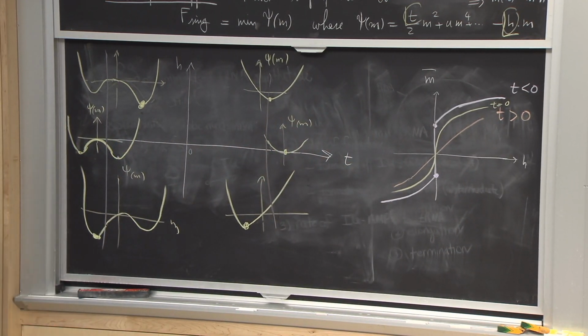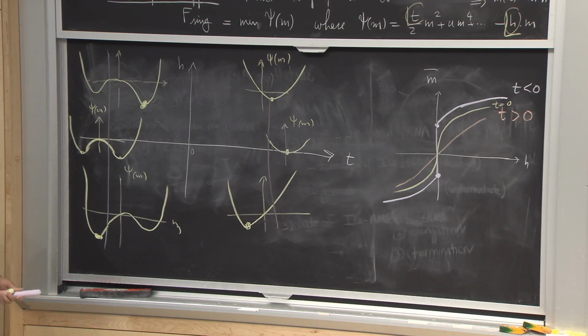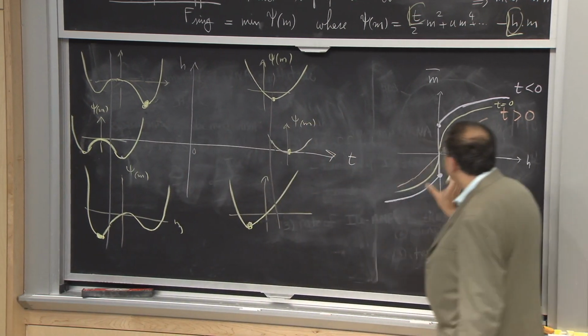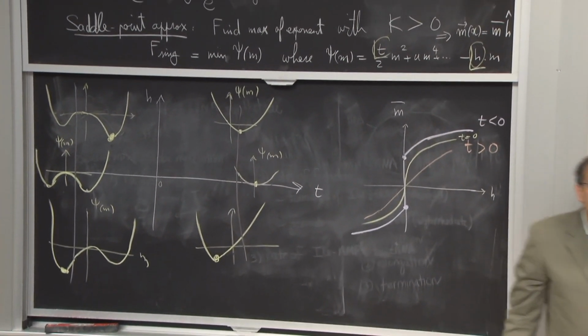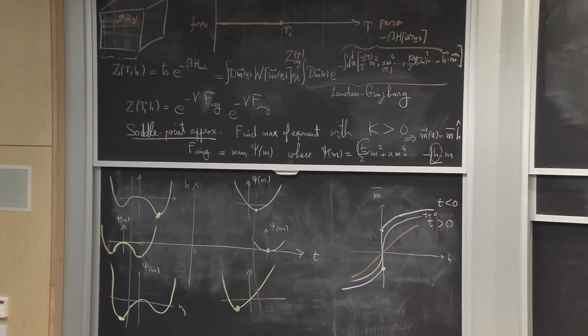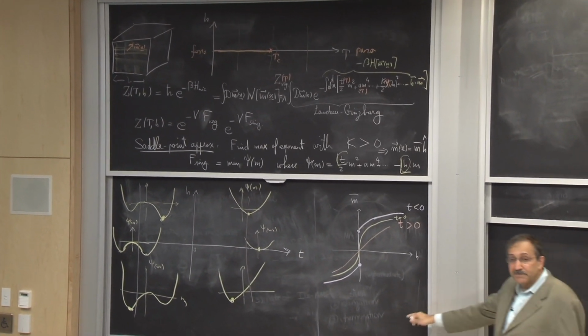Okay? So what did we do? We were able to reproduce exactly the structure of the isotherms that we are getting for the case of the ferromagnet from this simple theory.